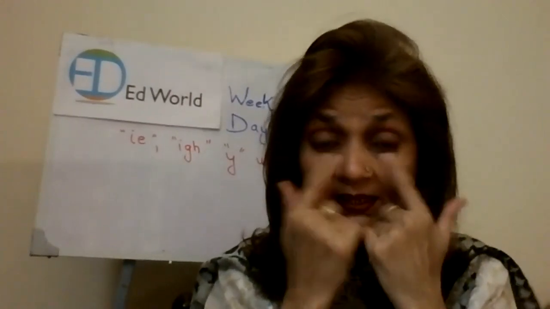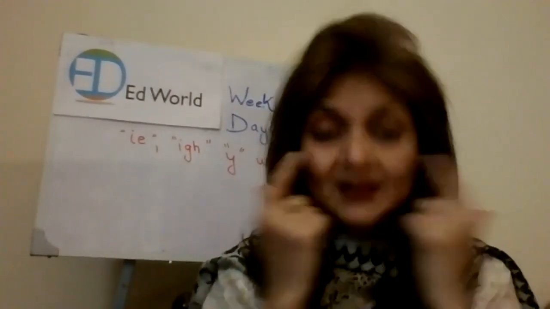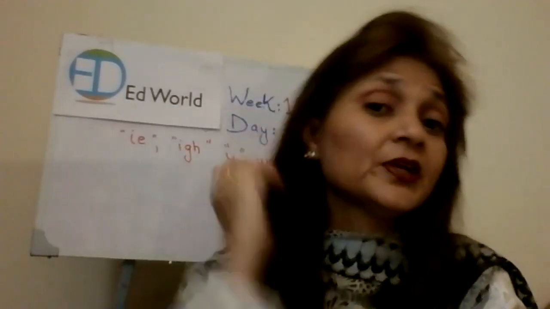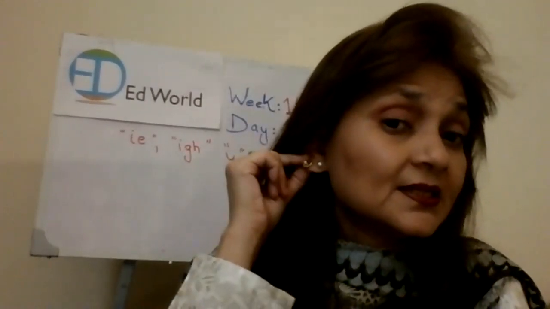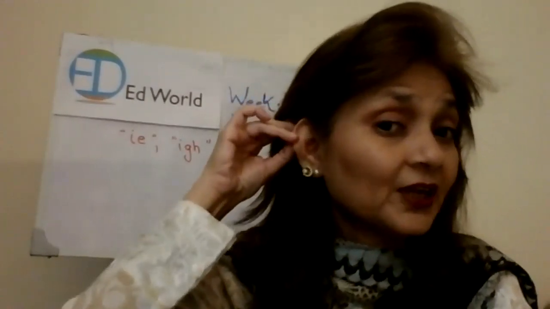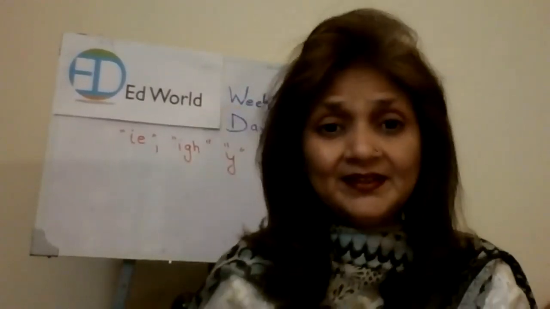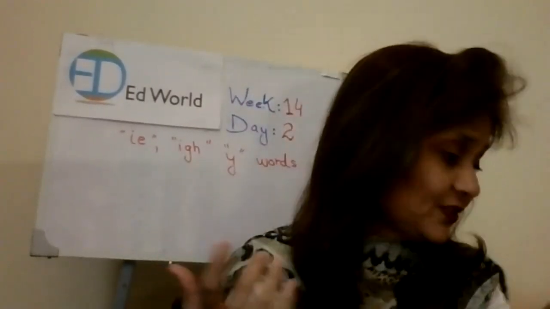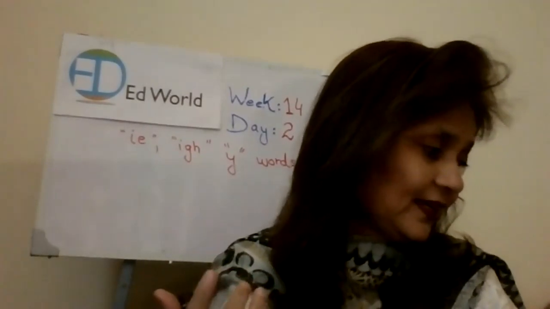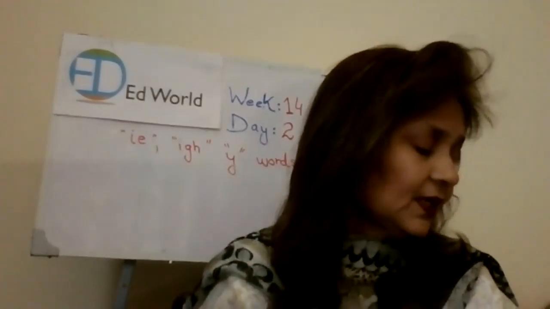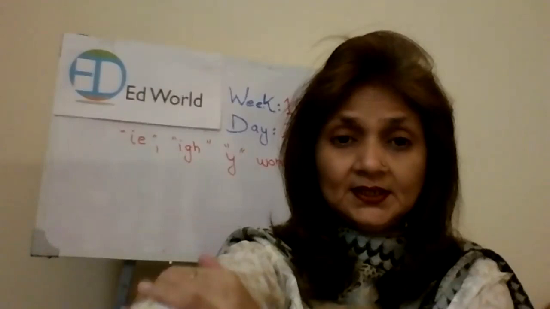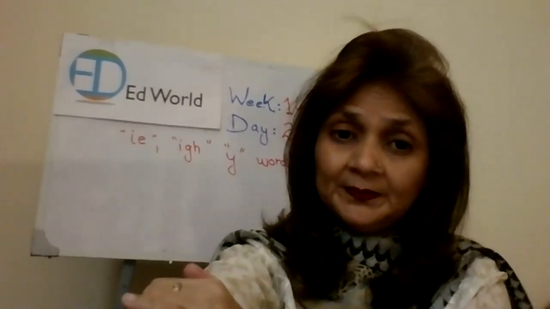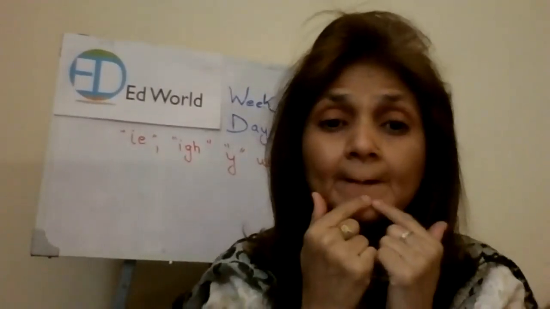And what is this? These are your eyes. Very good. And what are these? These are your ears. Very good. Correct. And what is this whole part? This is your arm. And what is this?